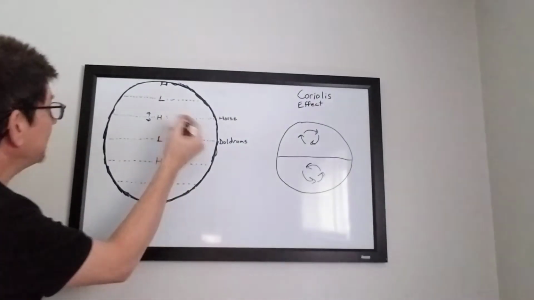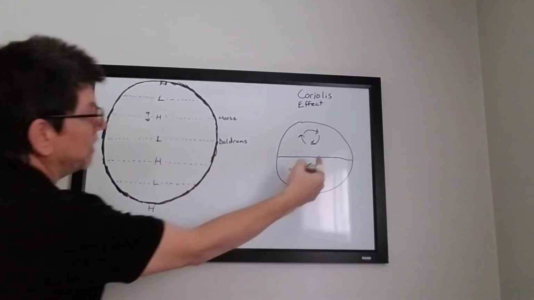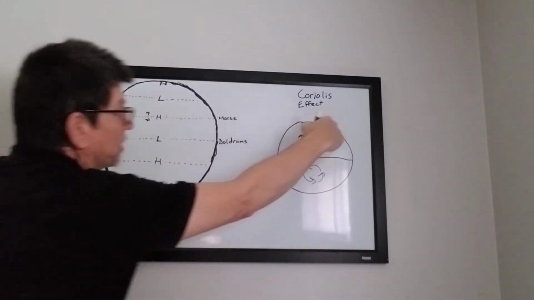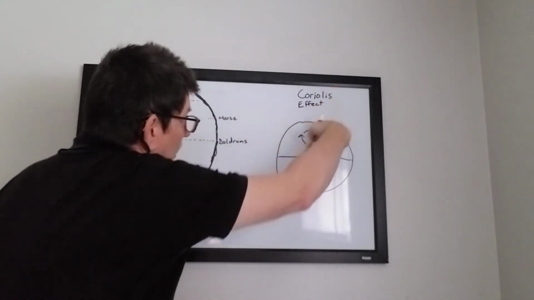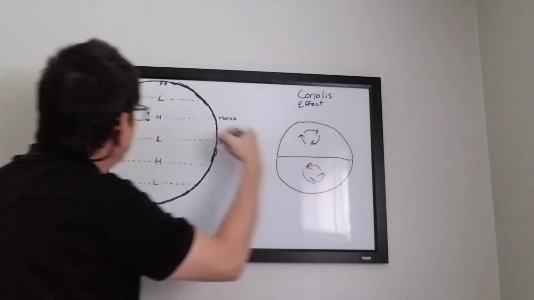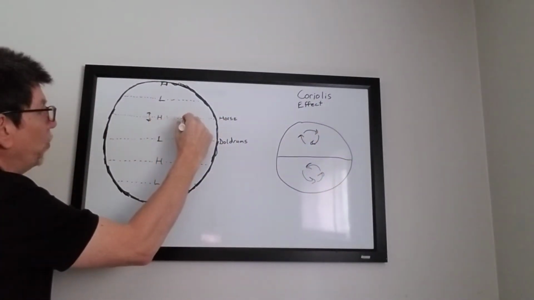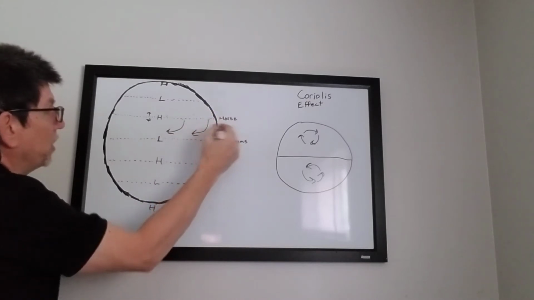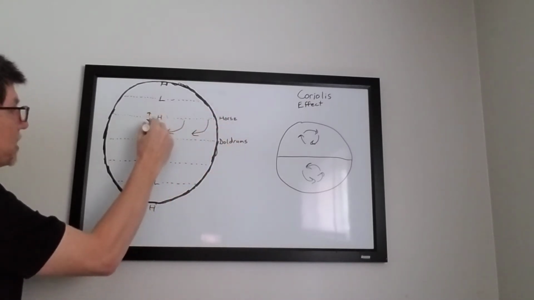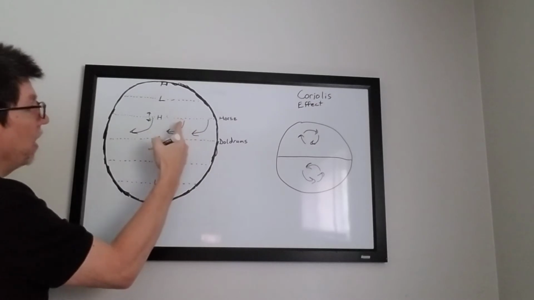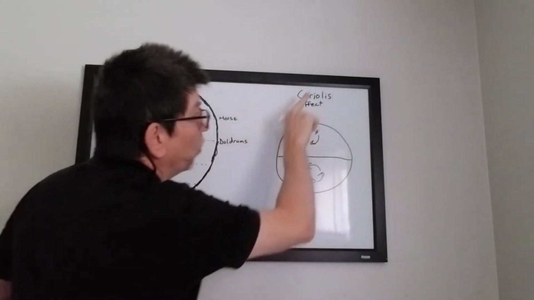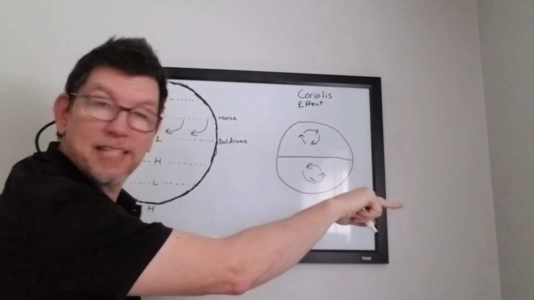If it's going south in the northern hemisphere, which way is it going to go? It's going to go from the east to the west. So all the winds coming down this way are going to go from the east towards the west. If you're going north, you're going to be turned from the west towards the east.